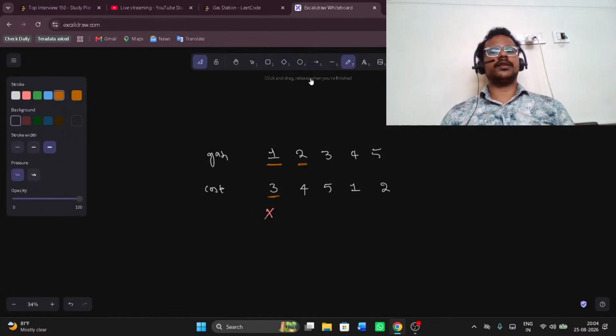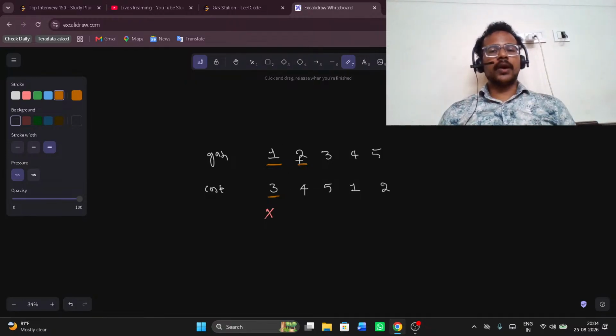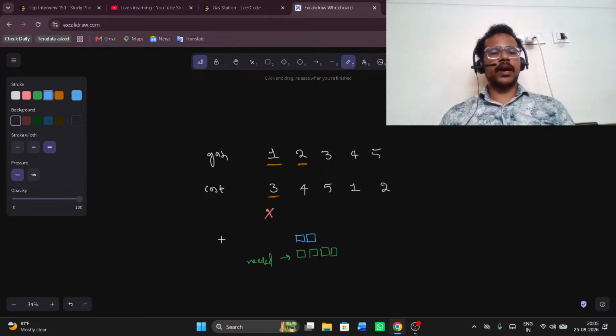So now my car has 2 units of gas, but what it needs is 4 units. This is what is needed, and this is what I have.